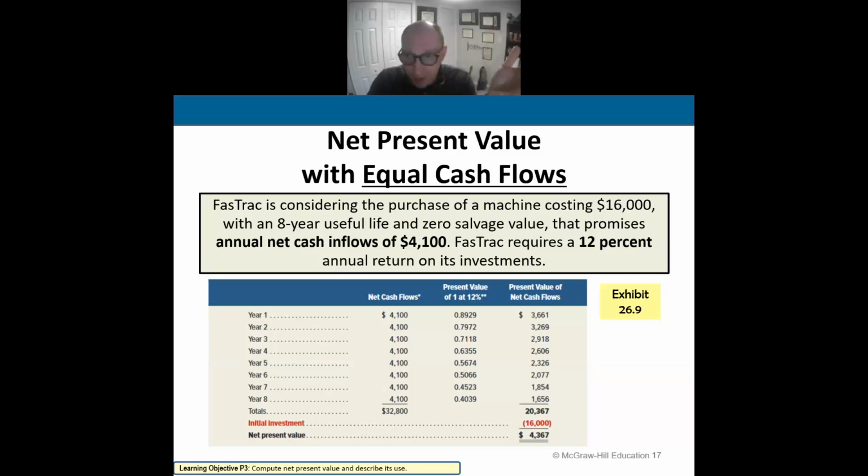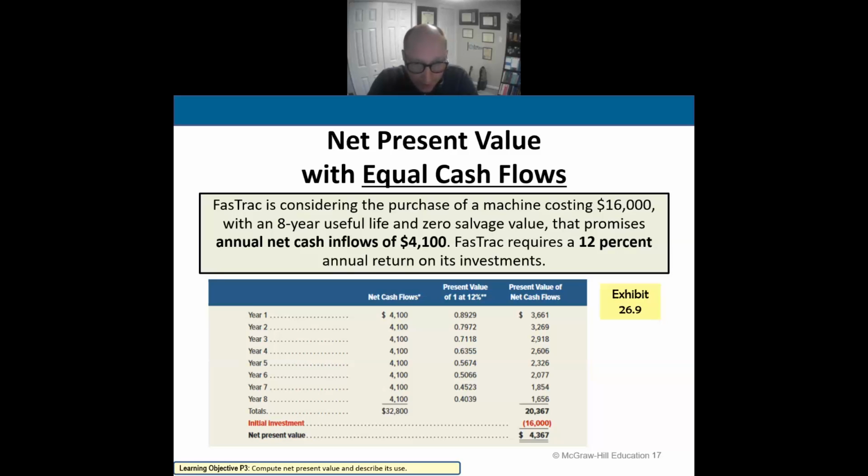And so if we look at our example, purchase a piece of machinery for $16,000, has a useful life of 8 years, salvage value is 0. We can look at the cash inflows projected. We know that the company rate of return is 12%. So we look at the present value of $1 at 12%.